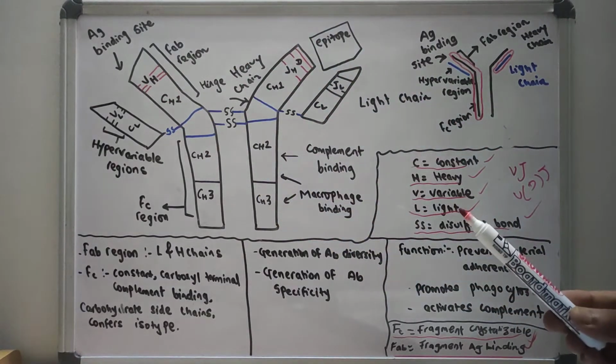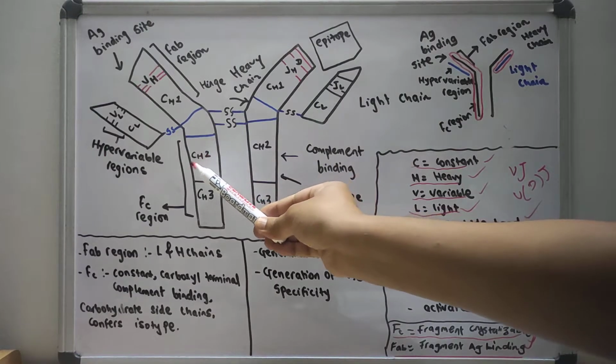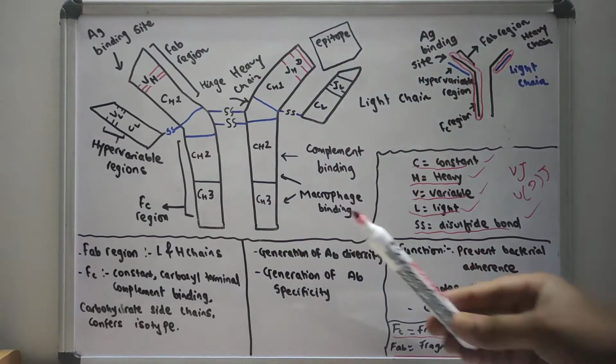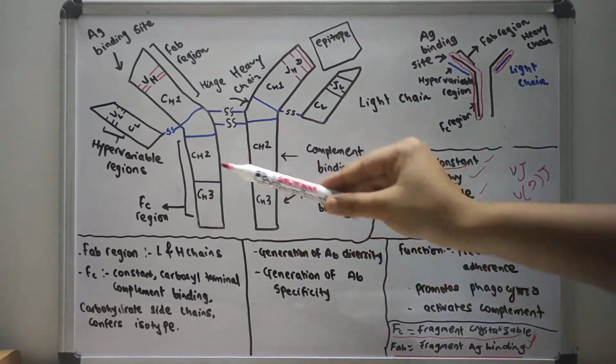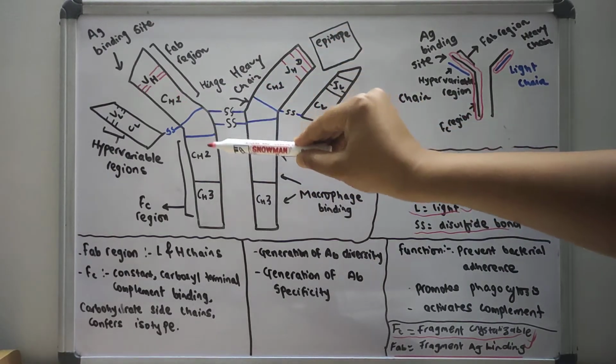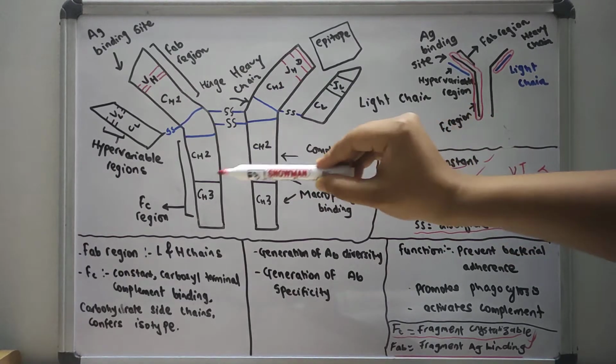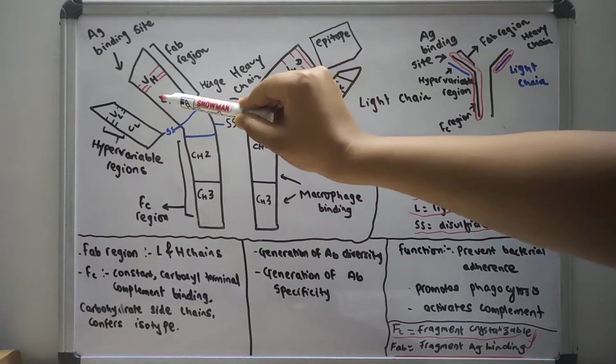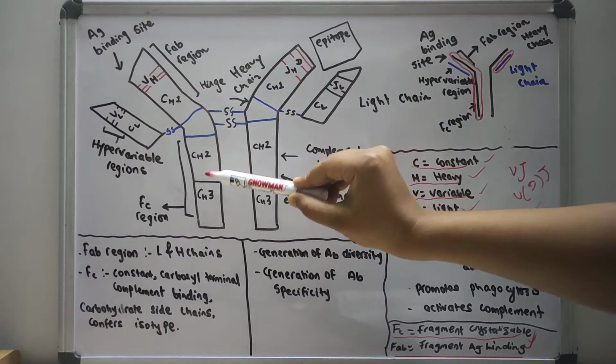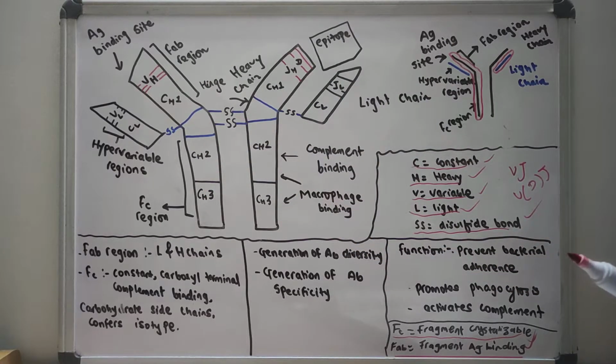CH2 means constant heavy chain 2, and CH3 constant heavy chain 3. These first, second, and third regions are constant.